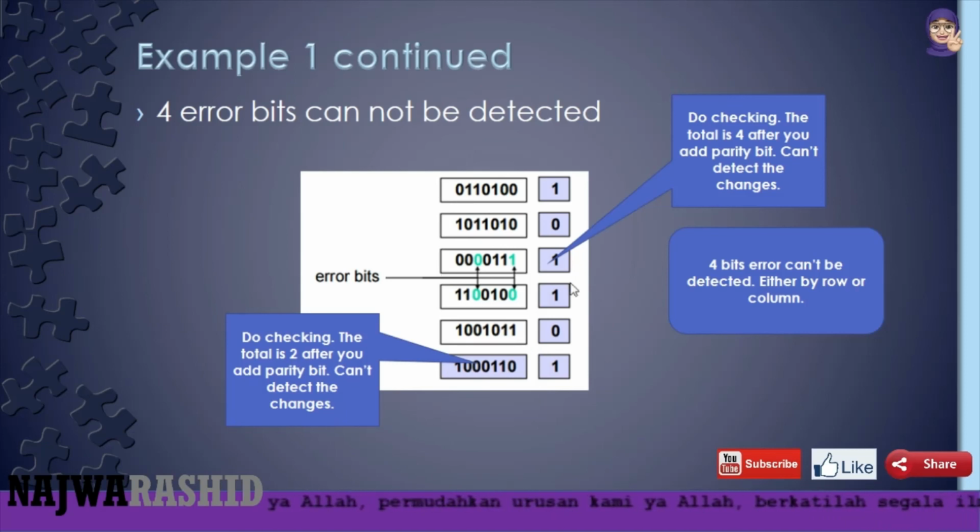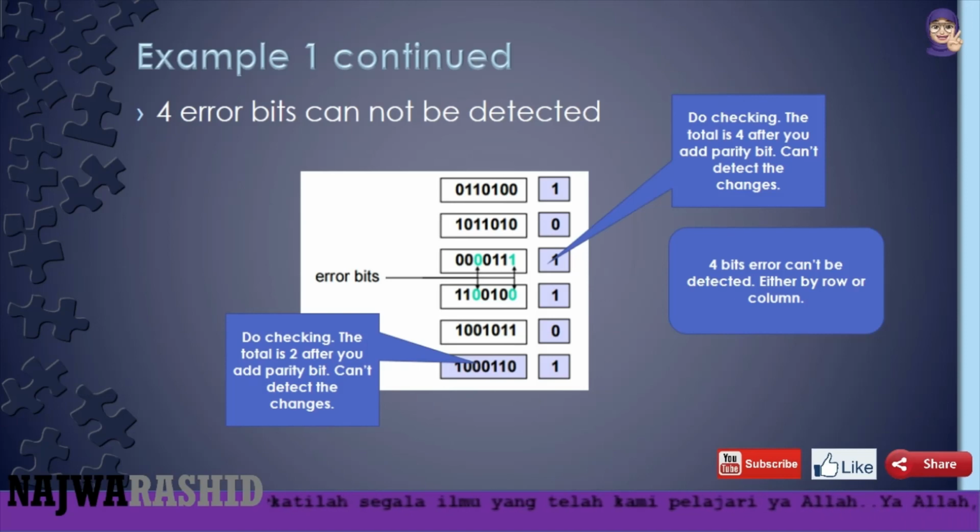After you check here, and then here, and then here, you can conclude that 4-bit errors cannot be detected in some cases using the two-dimensional parity, whether you use the row or the column. So the two-dimensional parity check is only able to detect from 1 up to 3 bits of error.